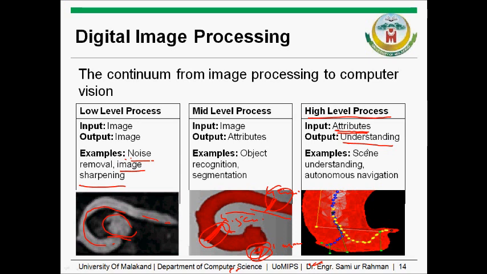Then in mid level, the inputs are images, and the output can be images or some attributes. Let's say that I have this area and there is something inside this image, and I see that its shape is that of a rectangle.